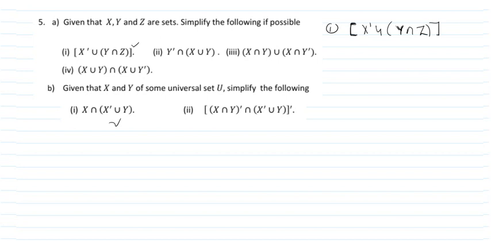So we'll say x complement, then union y. Then now intersection, intersecting now with again x complement union z. I think this one can't be simplified further. Union z like that.